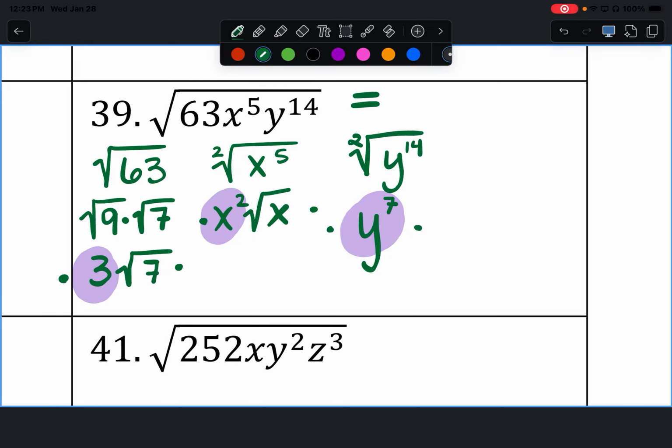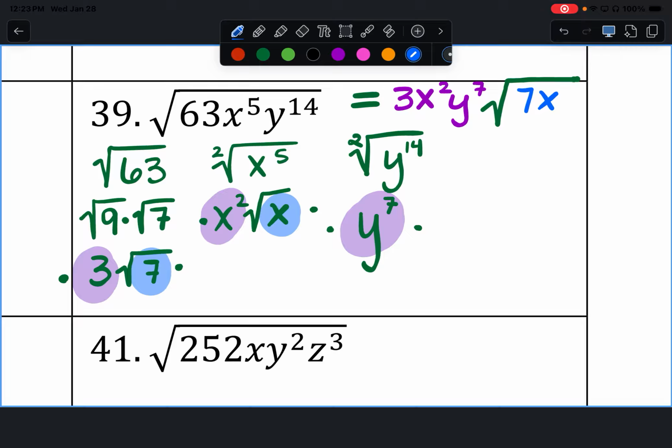So we're going to start with just writing 3 x squared y to the 7th. Okay, then we're going to put our square root in there. And we're going to put everything that's under a square root. So what all are under a square root here? Or just 7 and x, right? So it'll be the square root of 7x.